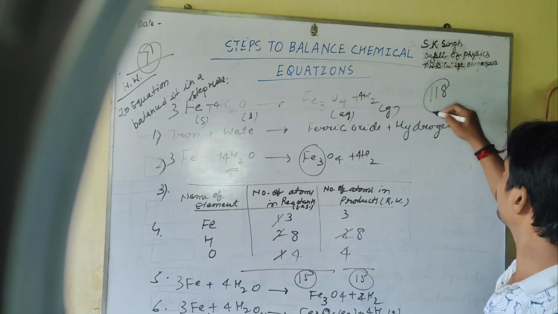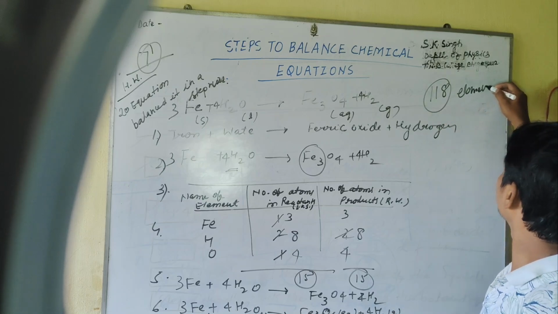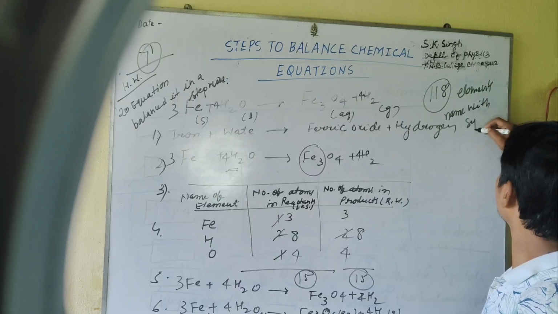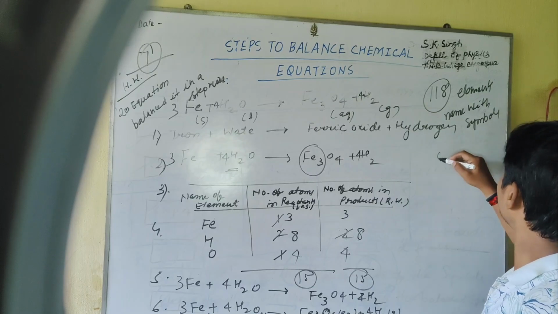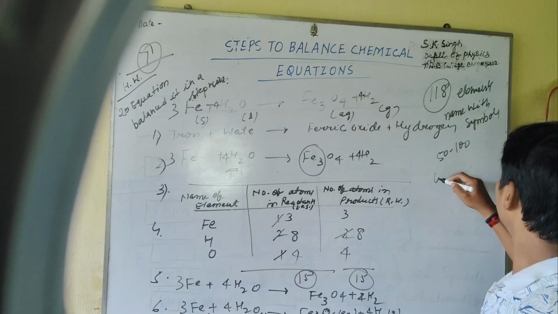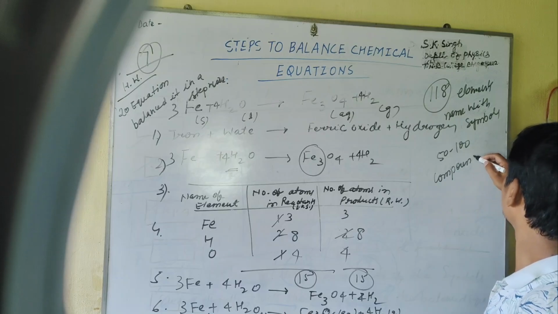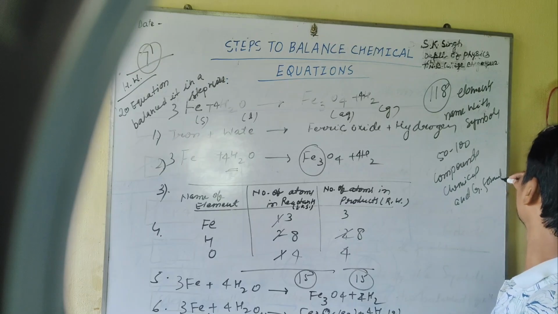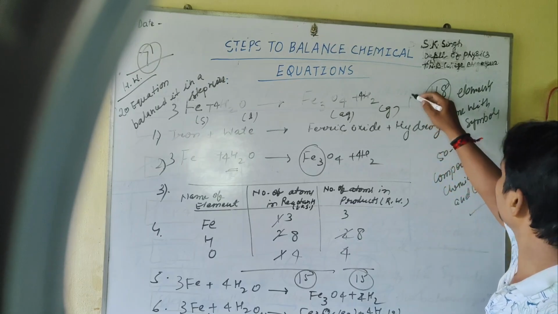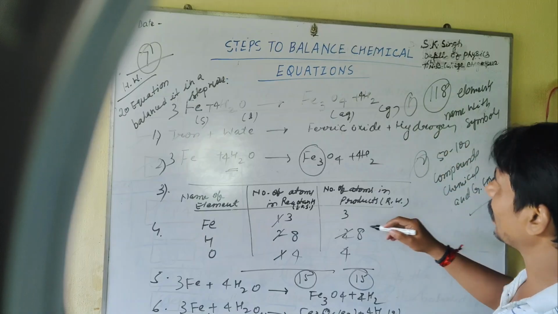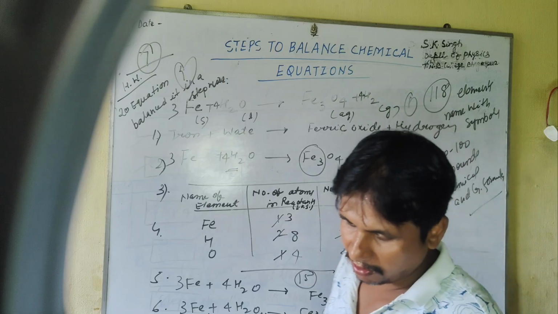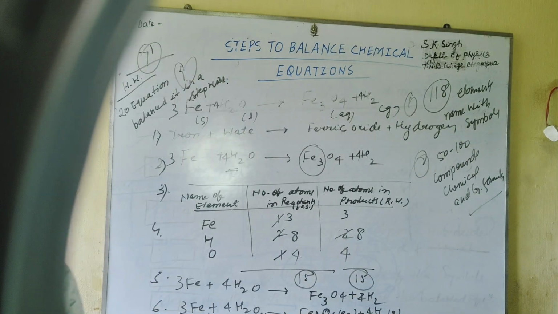But remember the 118 elements with names and symbols, 50 to 100 compounds, and chemical and general formulas. These are very important. So this is all about the steps to balance a chemical equation.